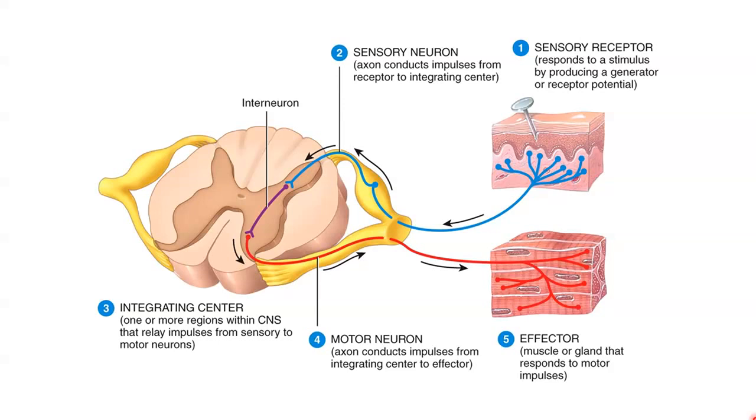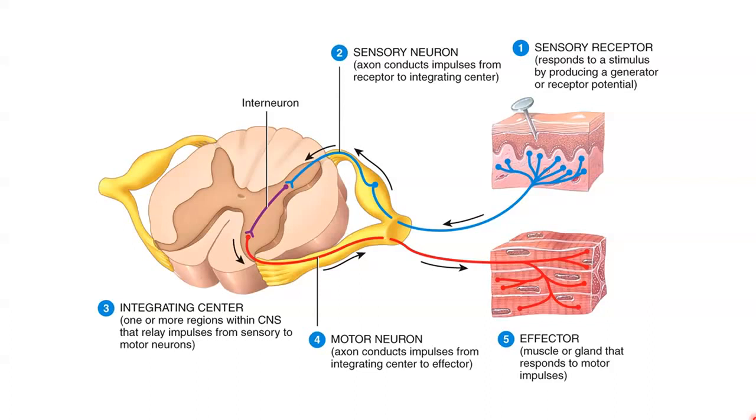So a reflex is a rapid, involuntary response to a stimulus that occurs automatically without conscious thought. When we consider the makeup of a reflex, it looks similar to or contains the same components as any other neural pathway, but the major difference is that the integration site of the sensory input is in the spinal cord and not the brain.